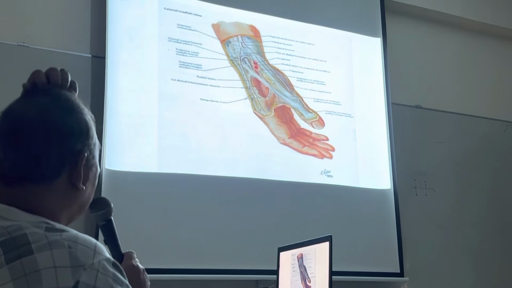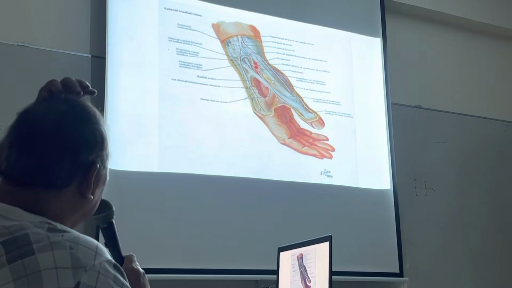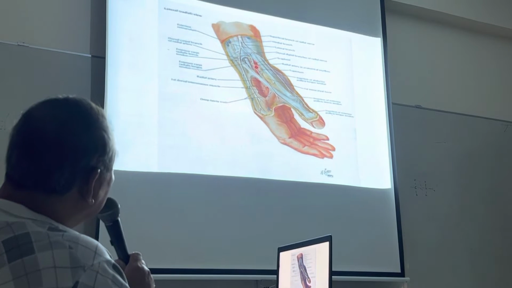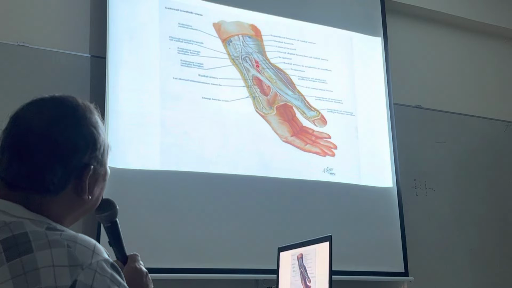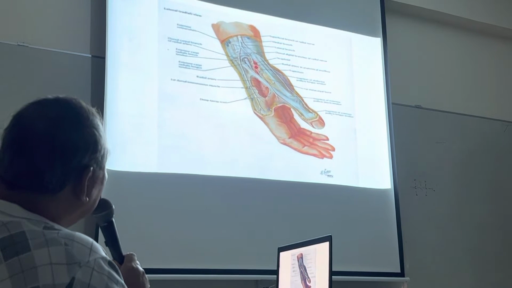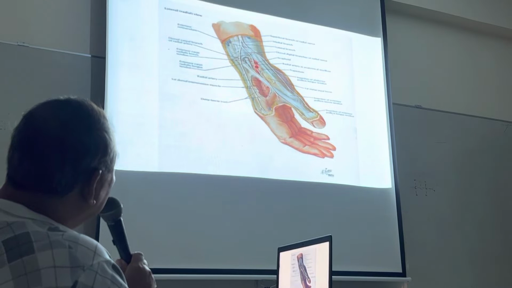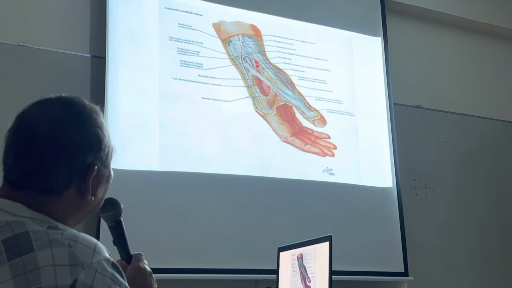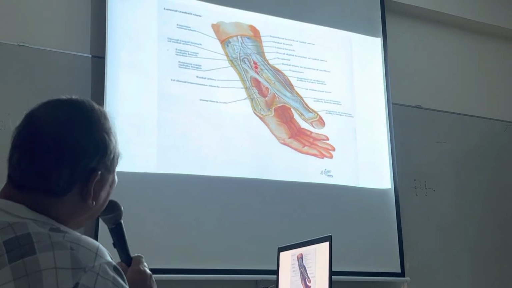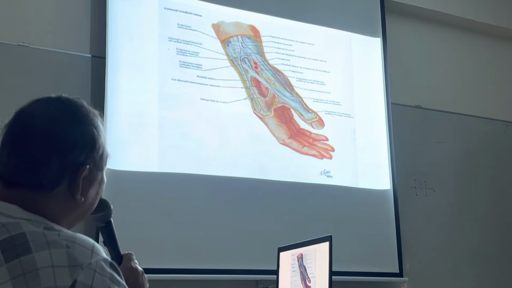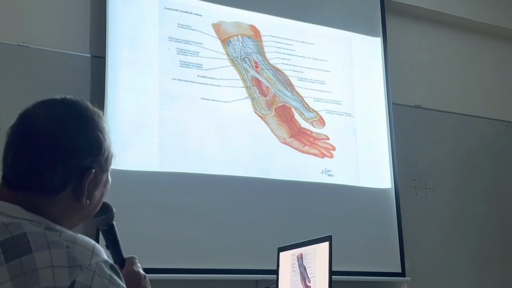So why is this important? Because in the anatomical snuff box, you will find an artery. And what is that artery? Radial artery. So the radial artery is the content of the anatomical snuff box. If you try to palpate the anatomical snuff box, you should be able to feel the pulsation.